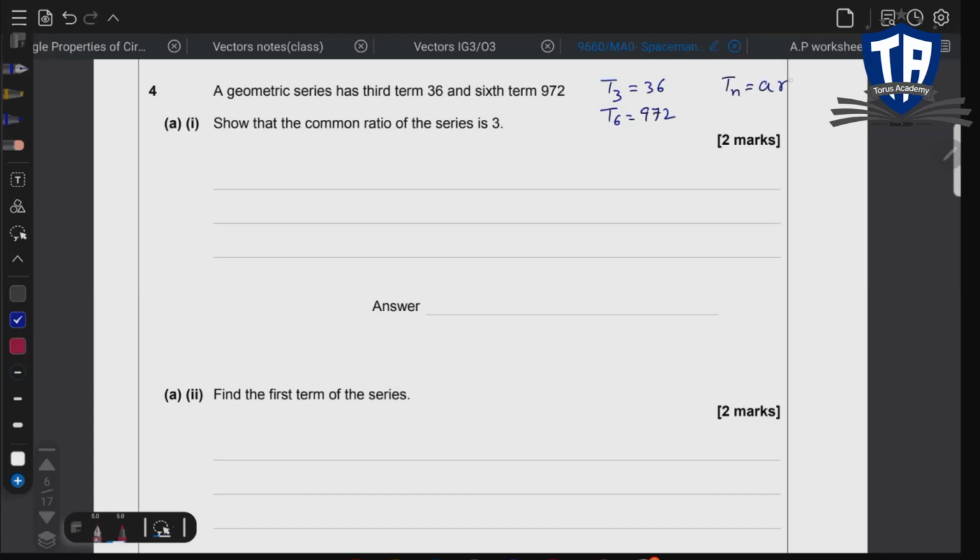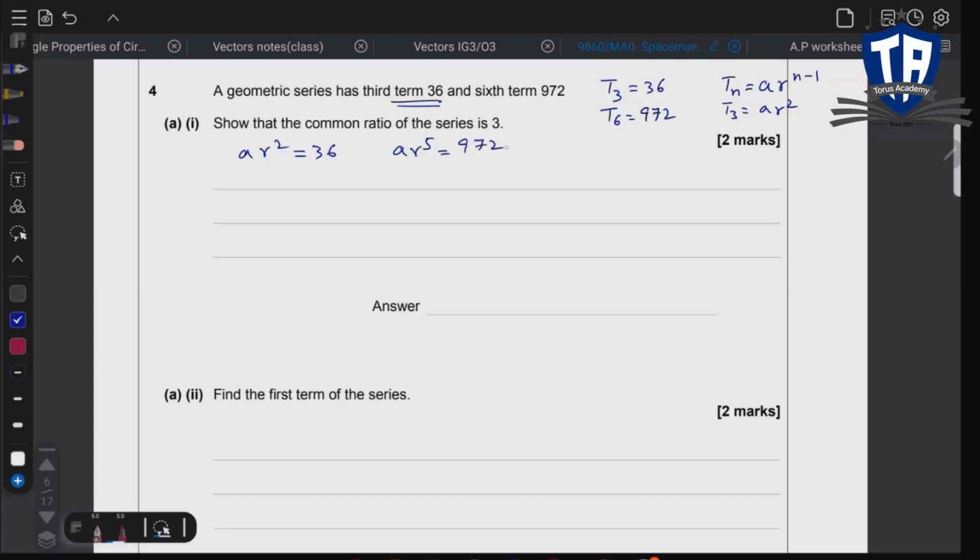If you use this formula, T3 would be AR squared, replacing n with 3. Using this information, AR squared is equal to 36, and the sixth term, AR power 5, is equal to 972.